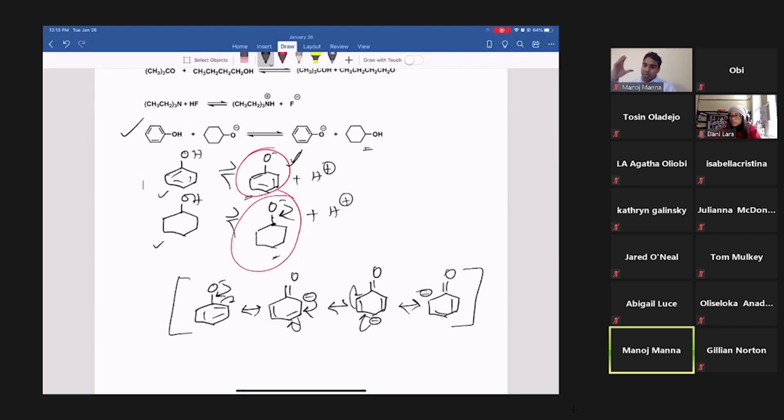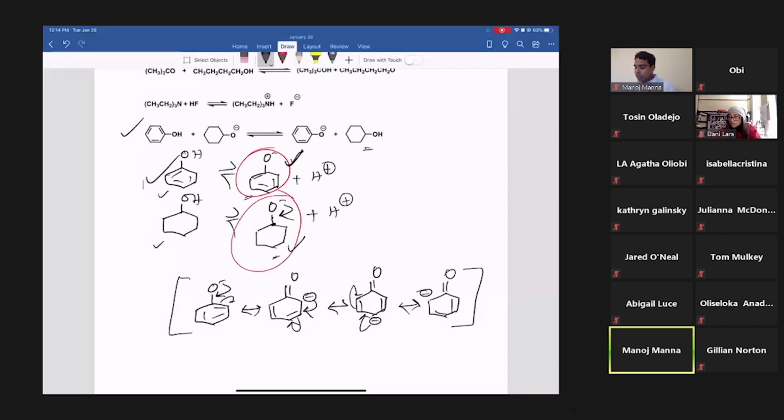Those are the basic stuff, and now you can apply them here. If you understand how to move electrons from one atom to another, you have a chance of resonance in this conjugate base compared to this one. And I already mentioned that if the conjugate base is more stable, the corresponding acid is more acidic, right?